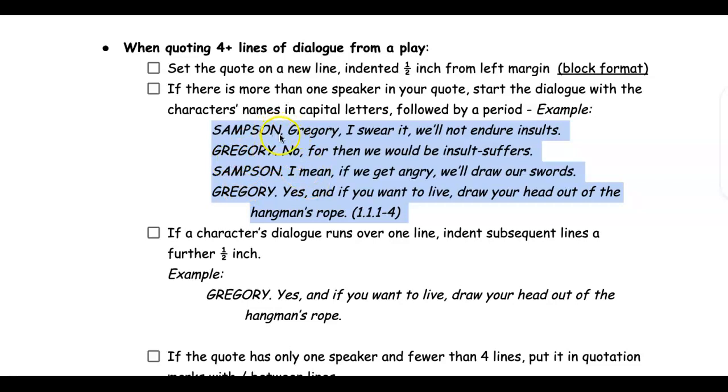So you'll see the name and the period, and at the very end you have your citation. If a character's line runs over one line, like on this one, then it gets indented a little bit. So you can see here, that's that rule too.